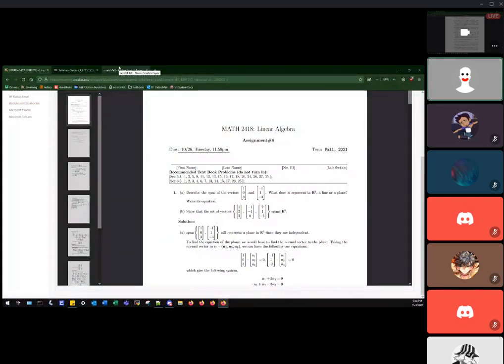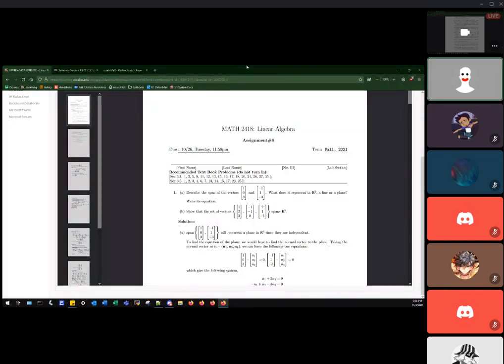Well, that comes from the fact that if the row space and the column space are the same, then they're both subspaces of the same space, whether R squared, R cubed, or R to the fourth. That's a good point. That's how I did it.